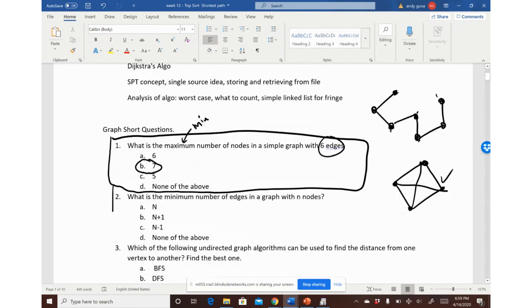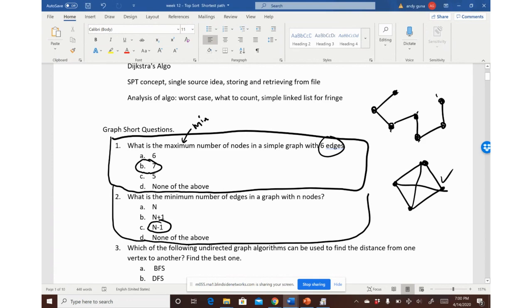Let's do another question here. Let me open up a poll. Okay, it looks like n minus 1 is winning.